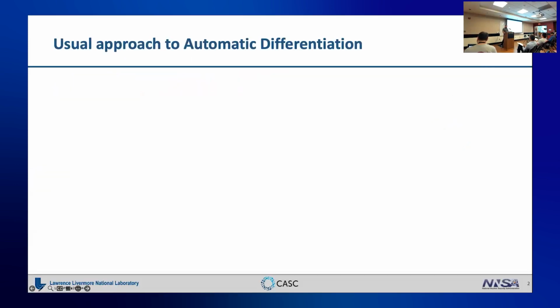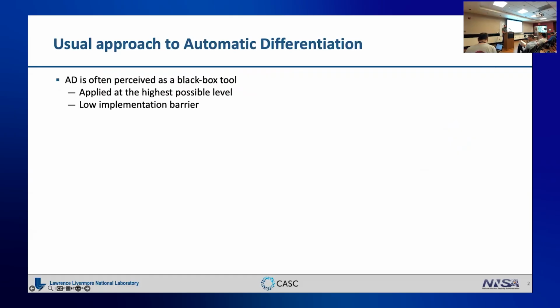So the usual approach to automatic differentiation, like what is out there or was out there until not so long ago, is that automatic differentiation is often perceived as a black box tool.